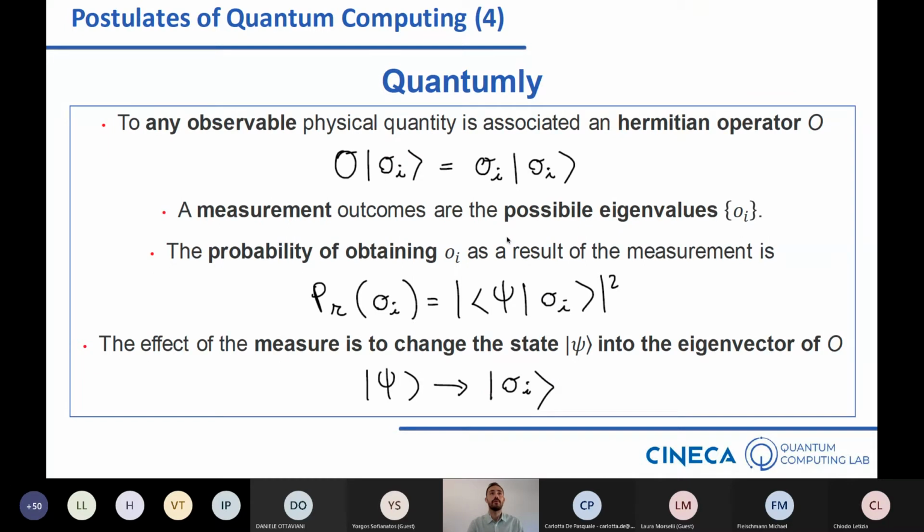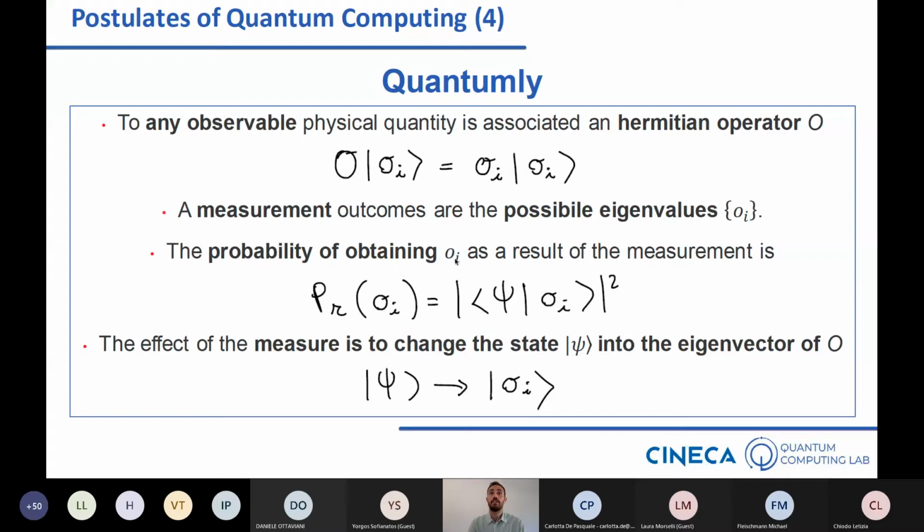So what happens in more mathematical terms? You can define an observable, which is a quantity that you want to measure. Every quantity that you want to measure is associated to a Hermitian operator, so some matrix. This matrix will have some eigenvalues and eigenvectors, defined in this equation here. The measurement of this observable returns the eigenvalues, the O_i.